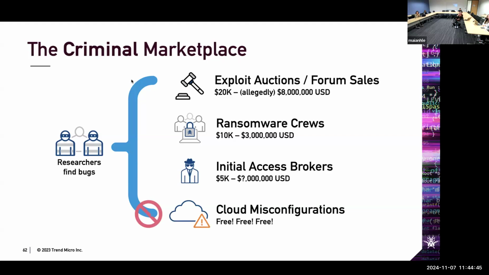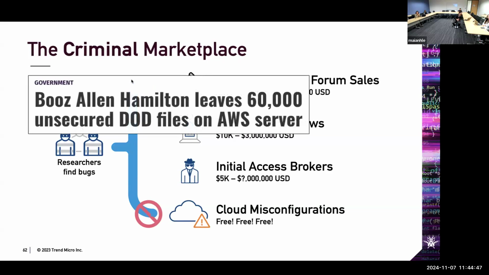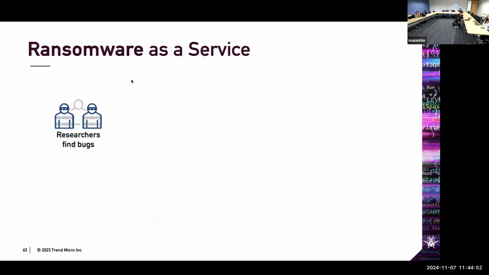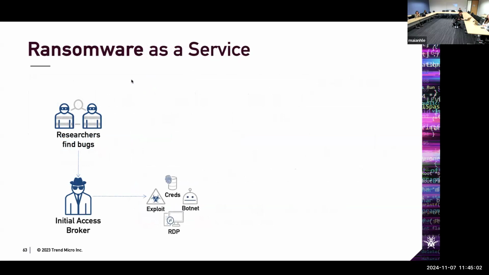And since we're talking about ransomware, I want to highlight ransomware as a service. Researchers find bugs and they sell these bugs to an initial access broker. They find a way into the organization and exploit the organization, and then the initial access brokers would sell it to the ransomware as a service operator.